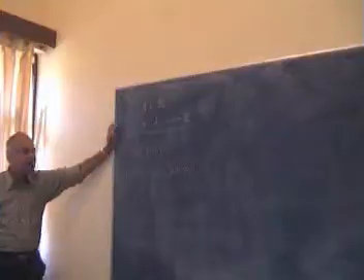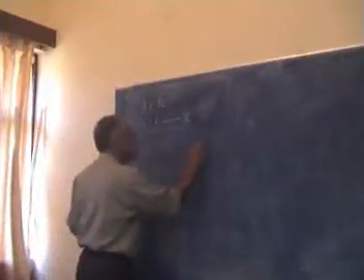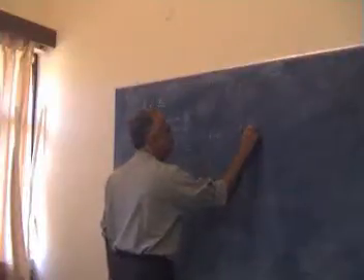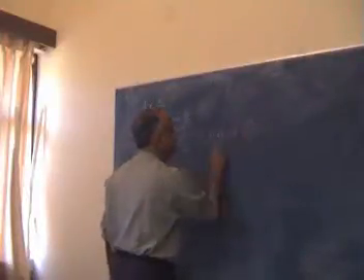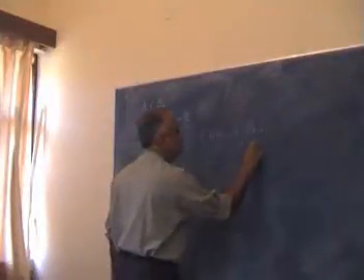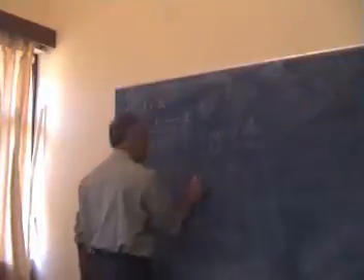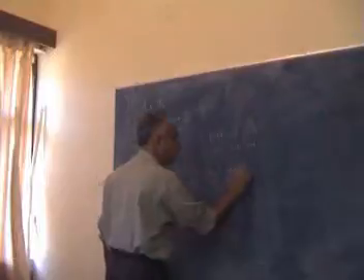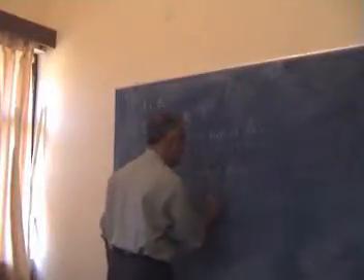What does that mean? f plus of x is equal to f(x) if f(x) is greater than or equal to 0, otherwise it is 0. f minus of x is minus f(x) if f(x) is less than or equal to 0, and 0 if f(x) is greater than 0.